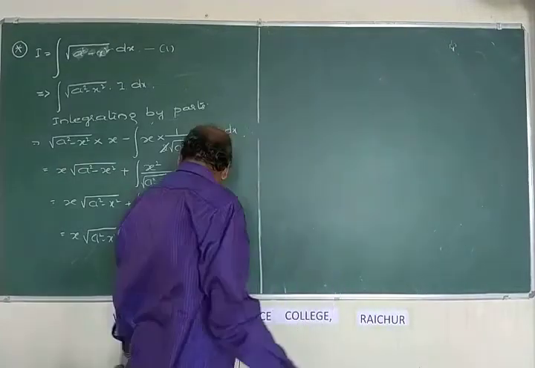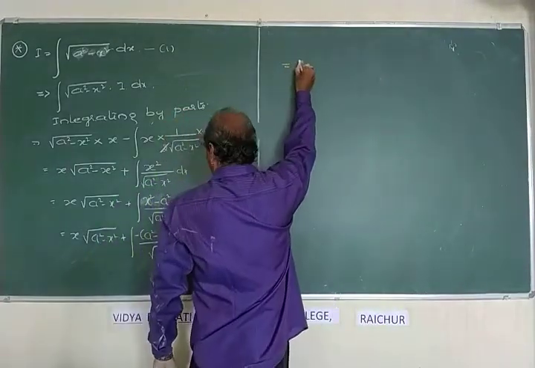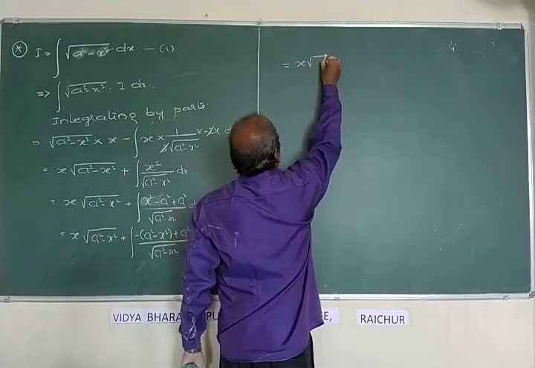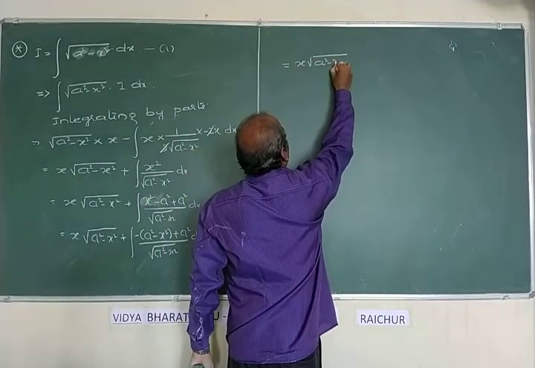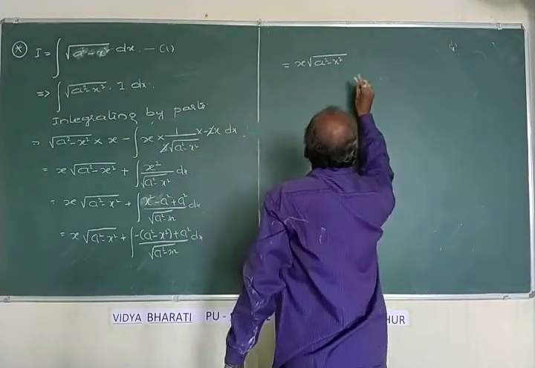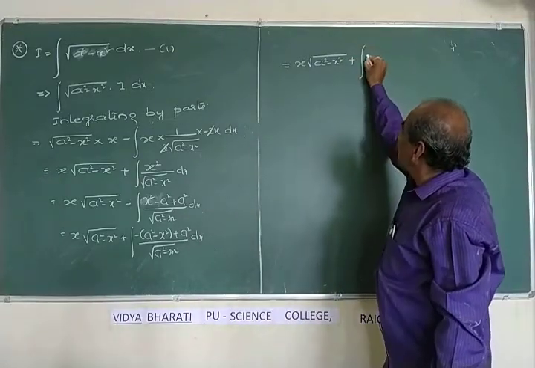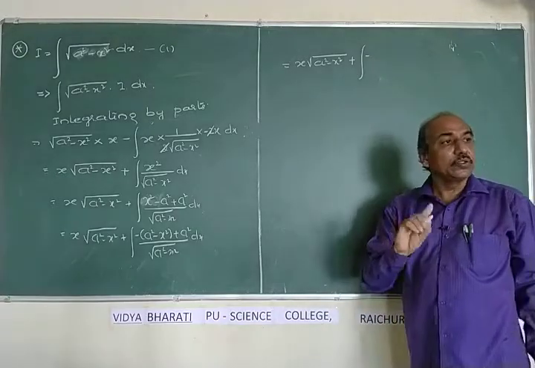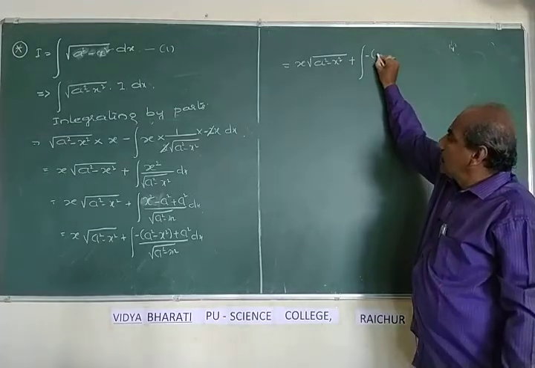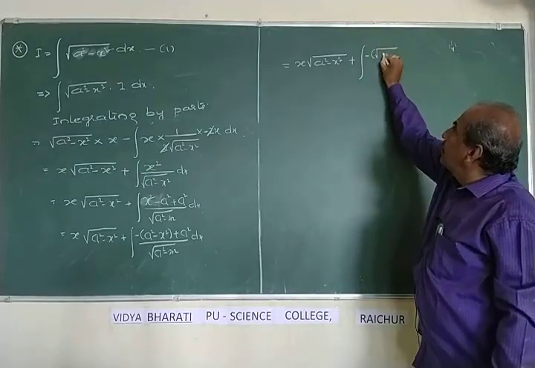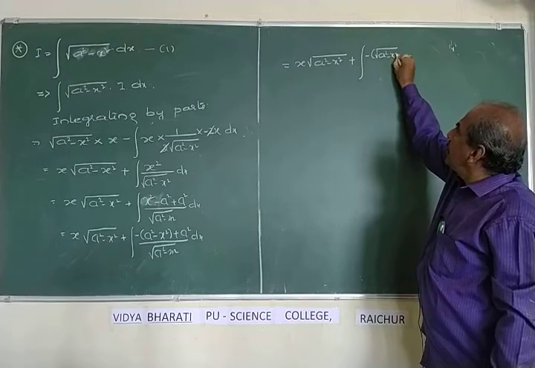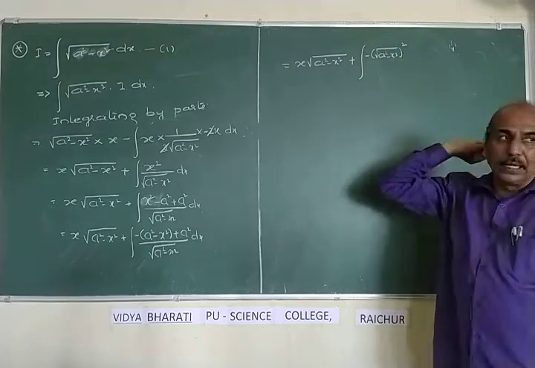So here, which is equal to x into root of a square minus x square plus, here this you observe, this step, minus into bracket, it is root of a square minus x square the whole square.